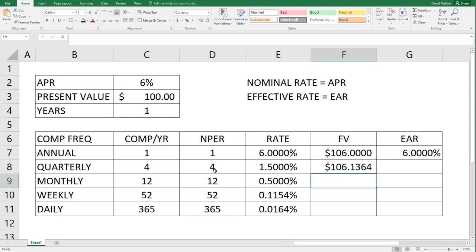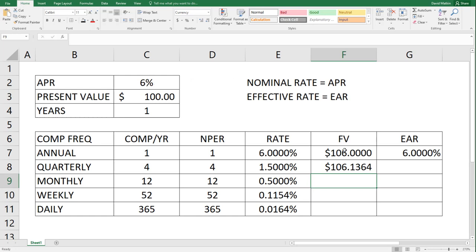Because we divide the rate by the number of times we compound per year, and we multiply the number of periods by the number of times we compound a year. That little transformation makes it so this 6% gets changed and actually has a larger effective rate of growth than 6%.